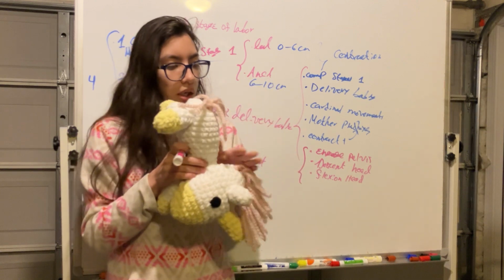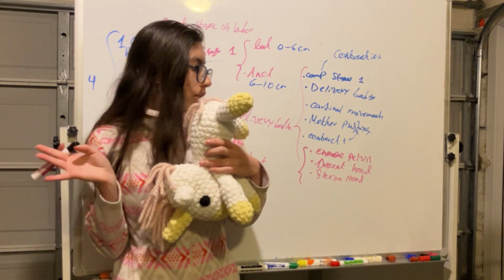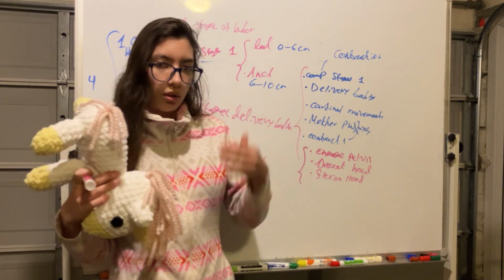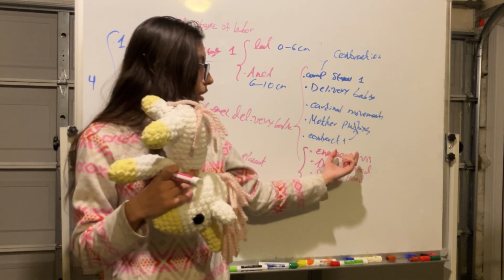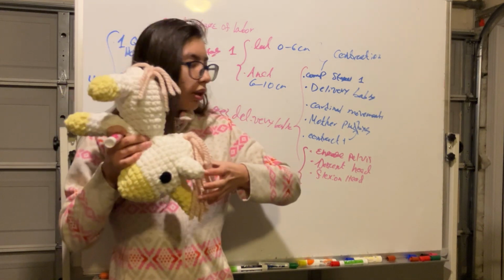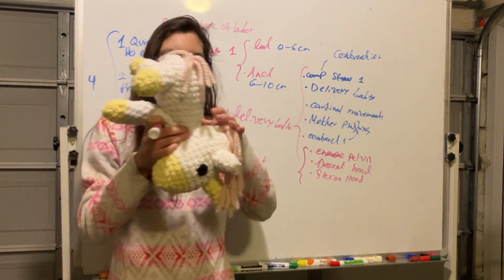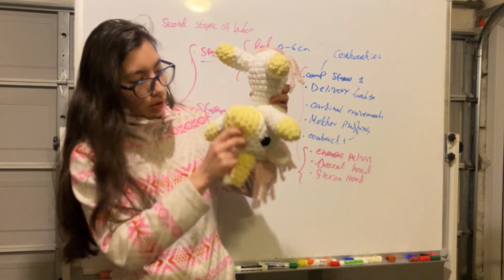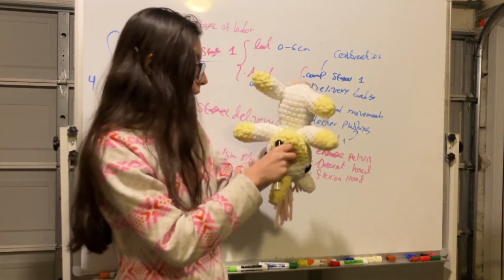So this could be left occiput transverse, or right occiput transverse to the mother. And then we have engagement in the pelvis, so the head is going to be engaged in the mother's pelvis. We're going to have descent of the head of the baby, and flexion of the head of the baby. All these occur at the same time.